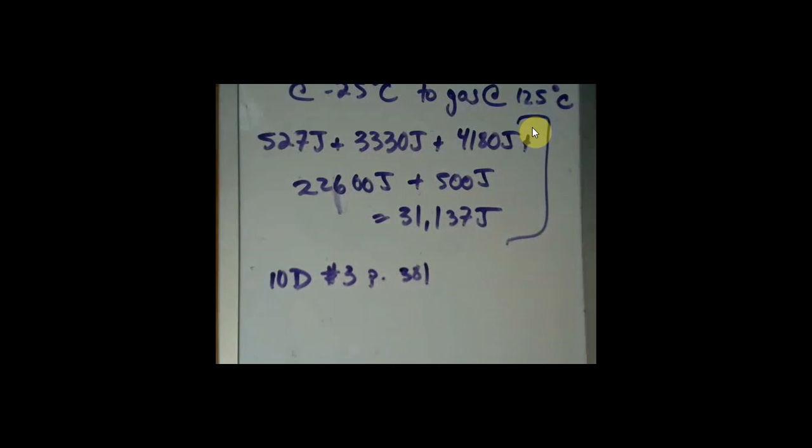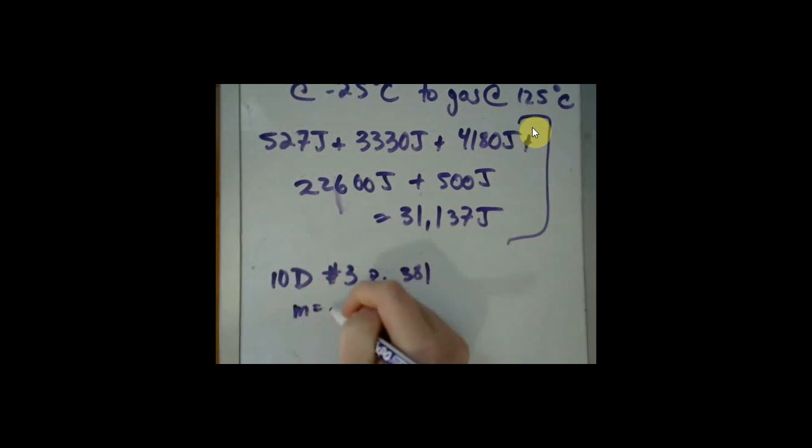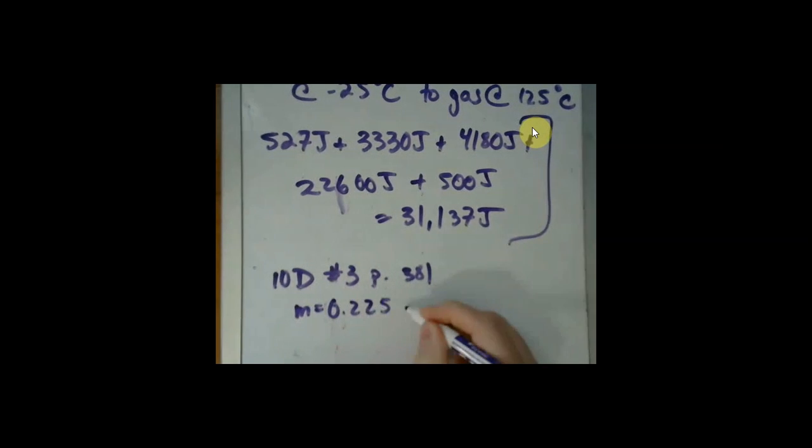Okay, so this question is asking how much energy is needed to melt, so here's our mass, 0.225 kilograms of lead. Now we're not using water, but thankfully you have two tables.